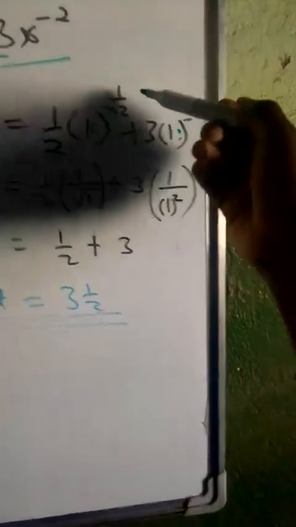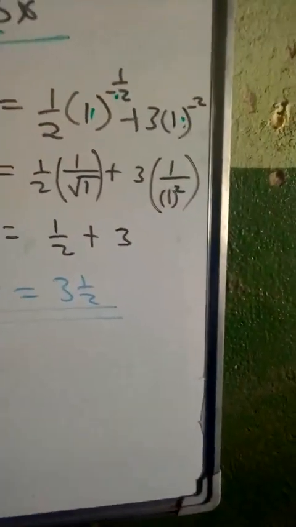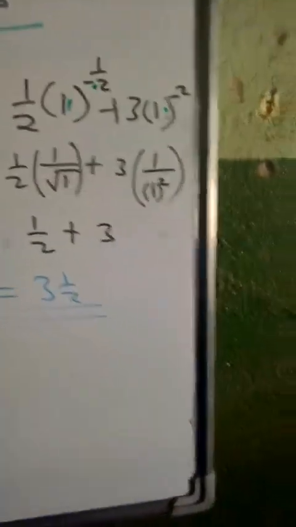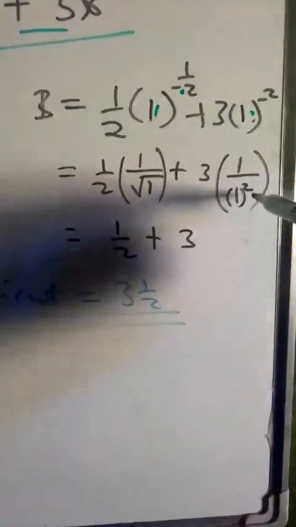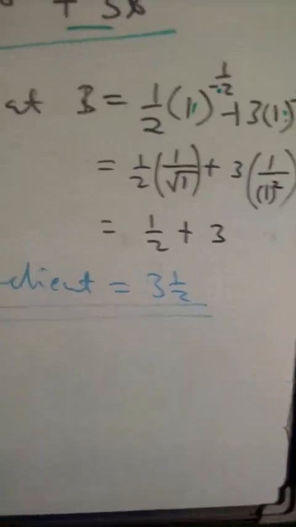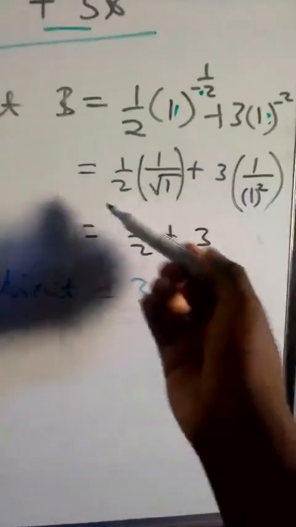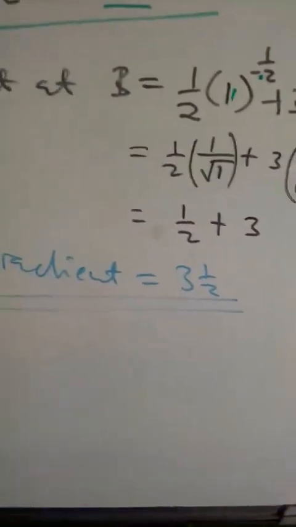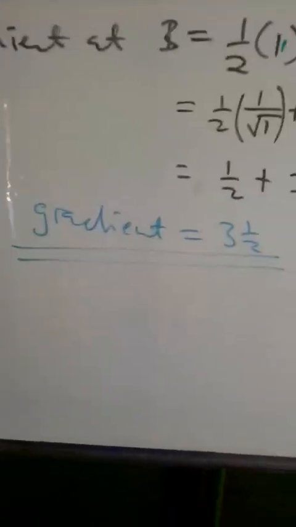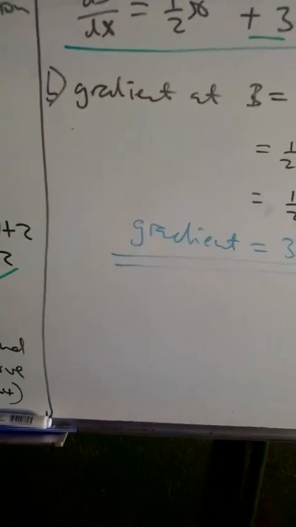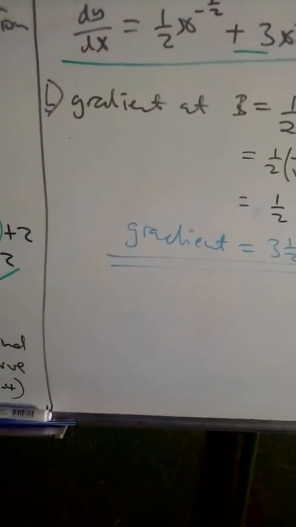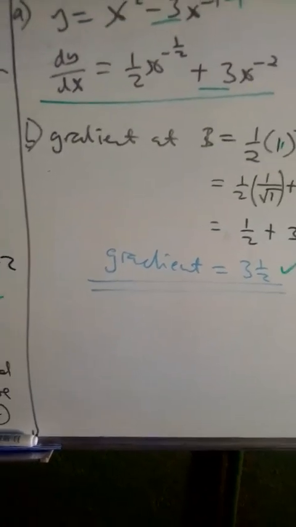So 1 over, and this is a fractional index, so it's the square root of 1. And then this is 1 over 1 squared, using laws of indices as well. Then we get half plus 3, we get 3 and a half as our gradient. So that's how you find the gradient at a point using the gradient function.